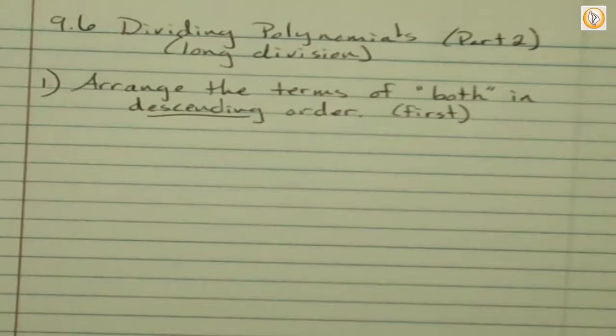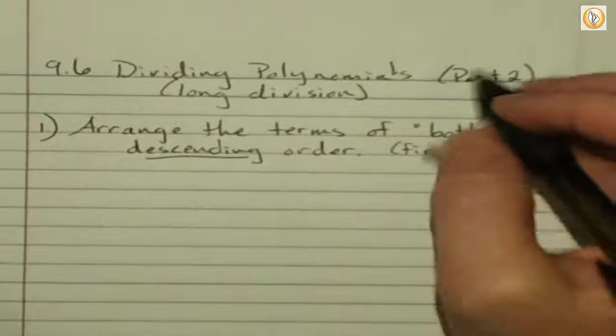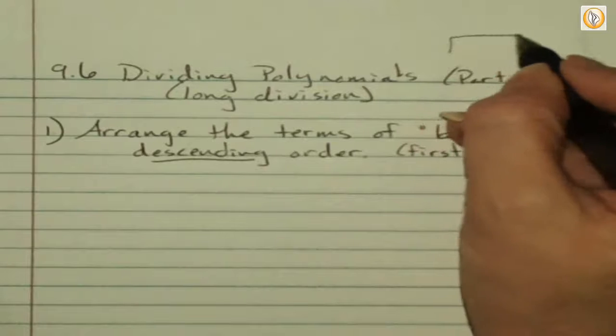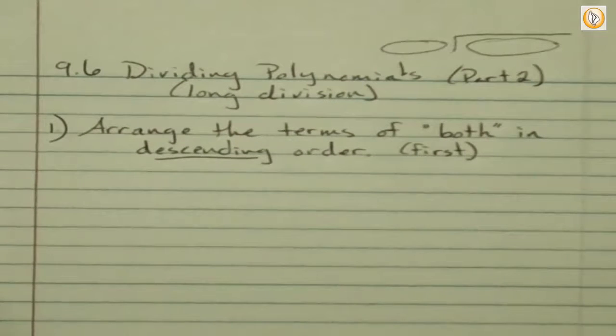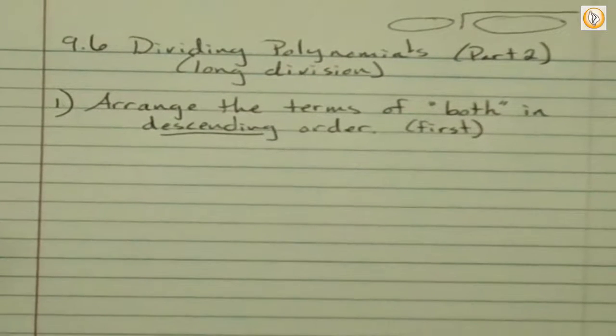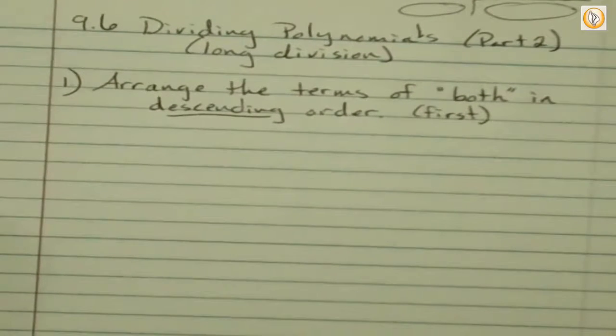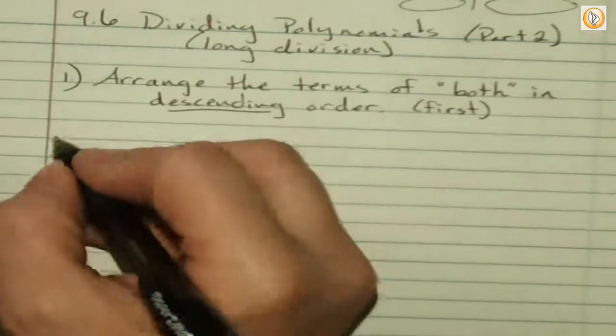Put them in order, descending order. When I talk about both in long division, I'm referring to the old-fashioned, we have something in here, it's being divided by that, okay? Good old-fashioned long division. So you're going to arrange the terms of both in descending order. First, you're going to do that.